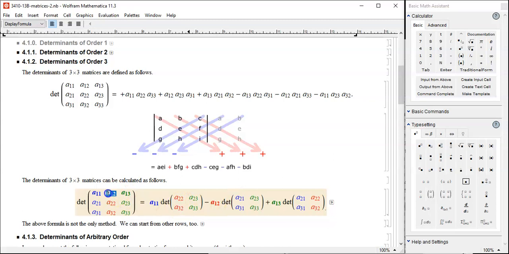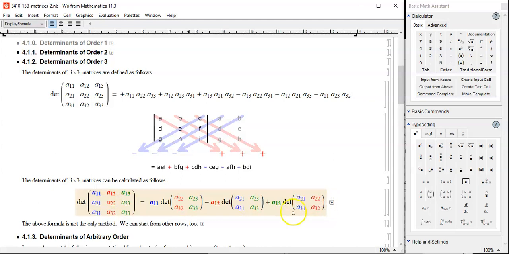For A12, select this. So first row out, and first column is also out, and what's left is this deleted matrix, and then we use that crisscross to find the determinant. And finally, the third one here, and we delete the first row where this A13 belongs, and then the third column. What's left is this matrix here, and take the determinant of that, the AD minus BC, crisscross.